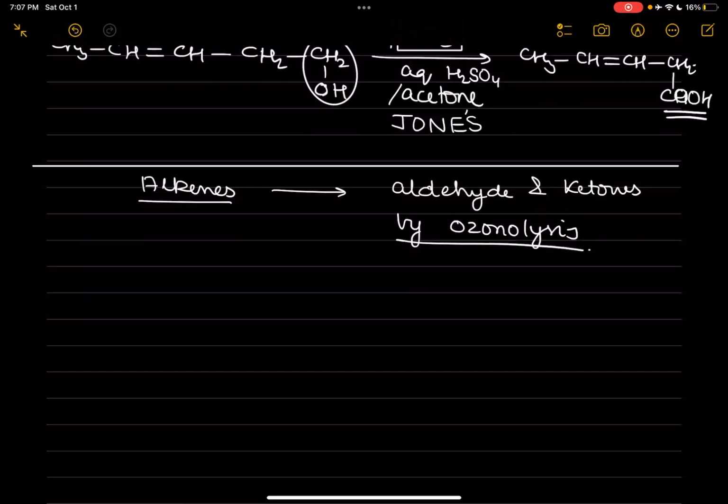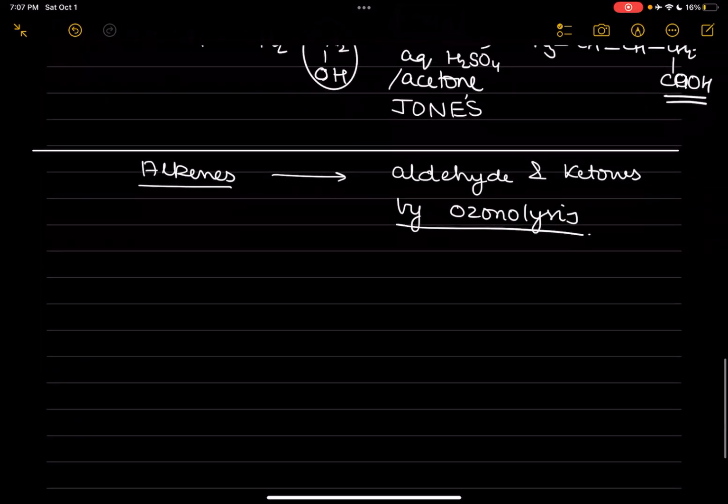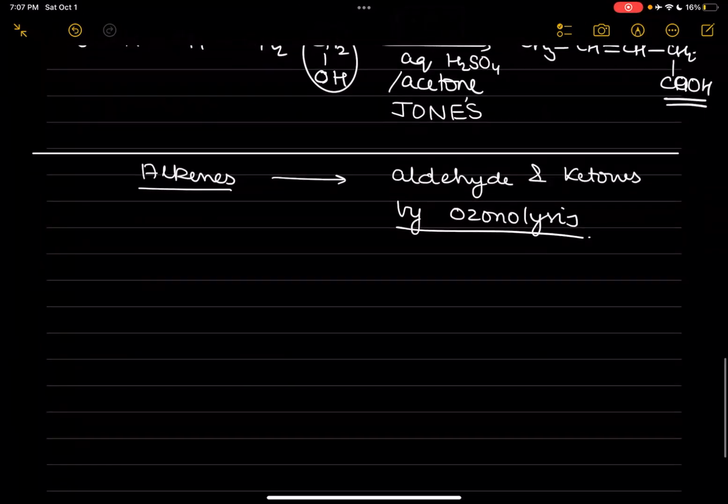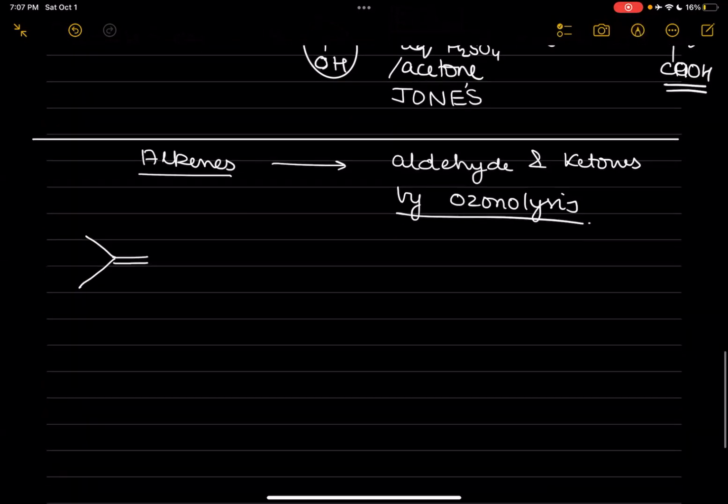So what do you understand by ozonolysis? In 11th, you must have studied. Yes, sir, addition of O3. Yeah, addition of O3, but what is the overall effect?